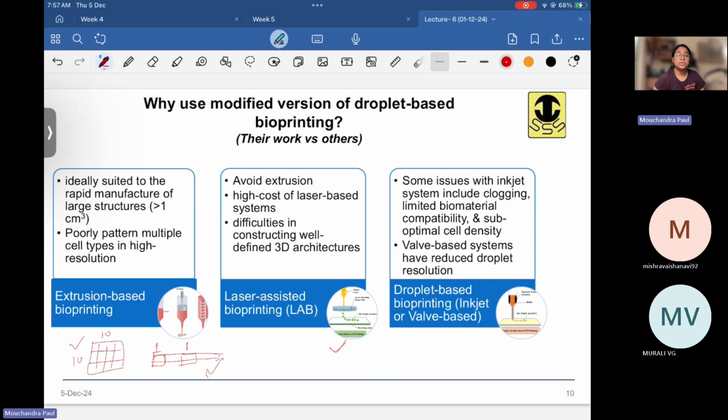Whereas in the droplet-based technique that we saw last week, only limited materials fit the requirements of the technique, right? Mostly people were using alginate for making droplets because it has low viscosity.